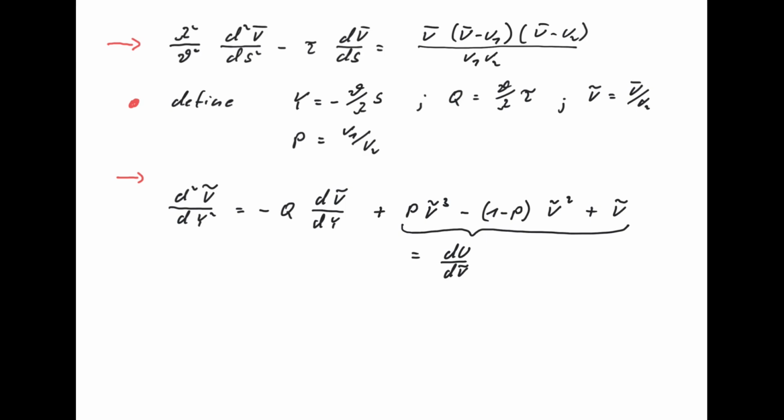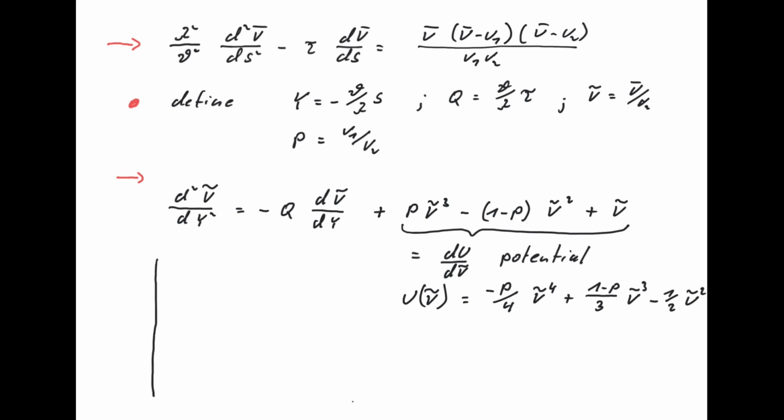Now it might seem unintuitive to do so, but it's a good idea to assume that this relation could also be a potential. A potential in the way that this third order equation is equal to dU by dV tilde, where U is a potential which is of fourth order in the reduced voltage V tilde.